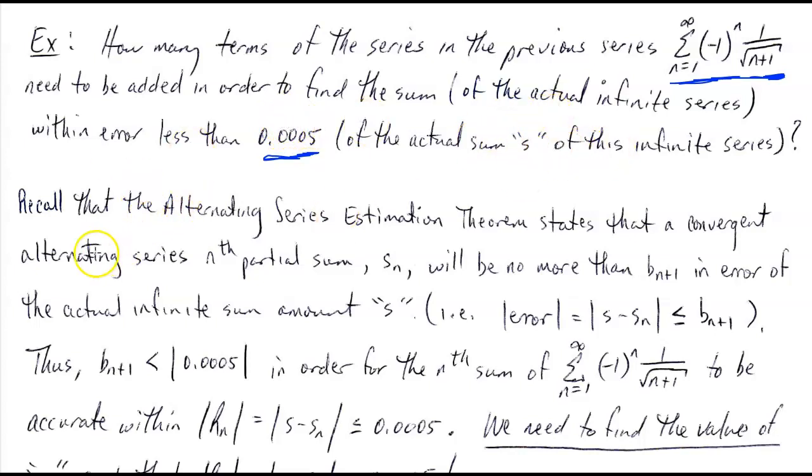And so I guess we could read this as 5 10,000ths, if you want to be proper about it.